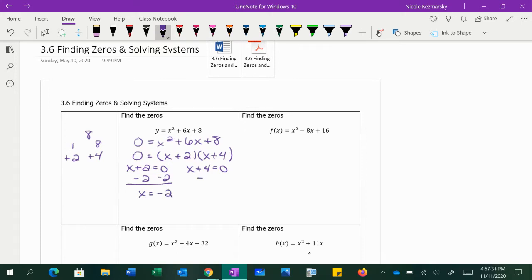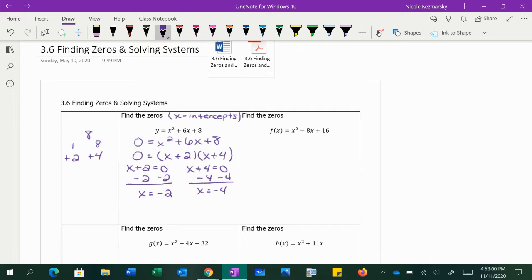And we're going to subtract 4 to get x equals negative 4. And those are the zeros. Another phrase for zeros is x-intercepts. So we can check our answer by graphing this function in Desmos and looking to see what the x-intercepts are.